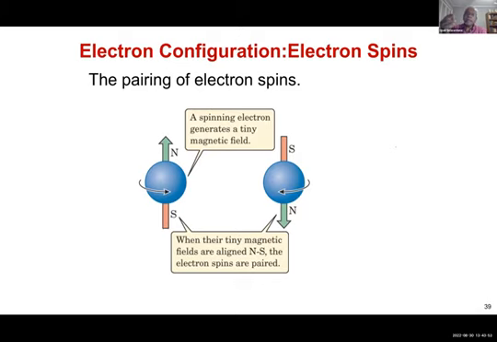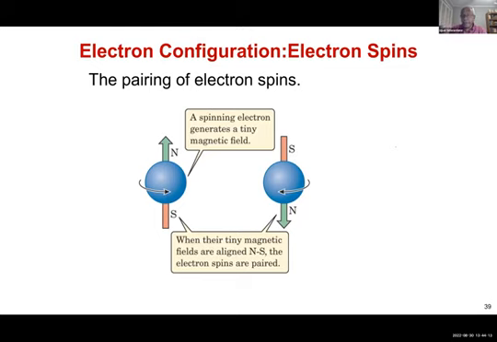Therefore, shapes give SPDF shapes for electrons. Spin gives each atomic orbital 2 electrons.